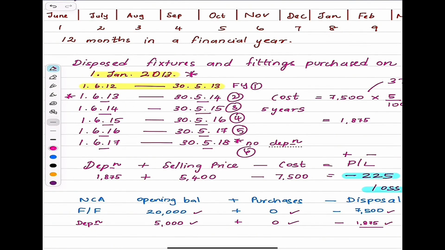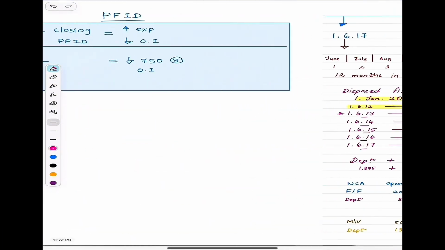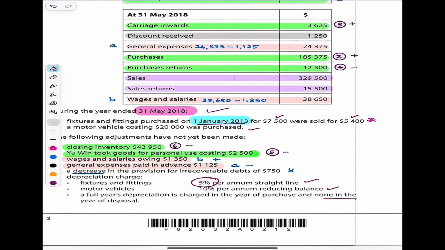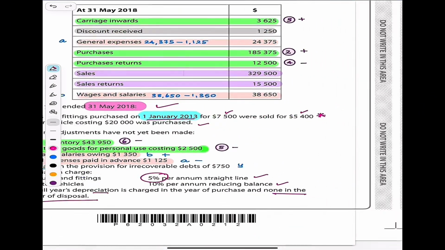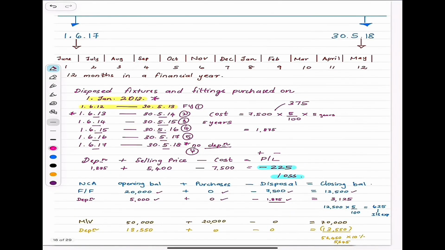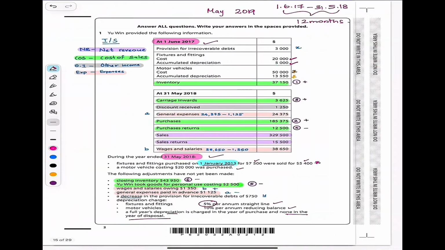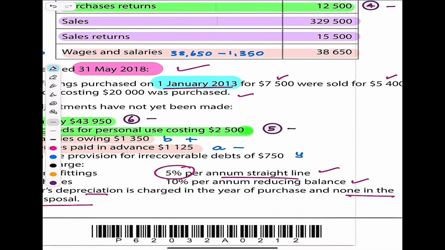However, the question demands there is no depreciation for the disposal of any non-current assets as per this specific statement. As you can see here, none in the year of disposal depreciation. Therefore, we do not calculate for the last year. That means we had used it for 5 years. And the depreciation method is straight line 5%.